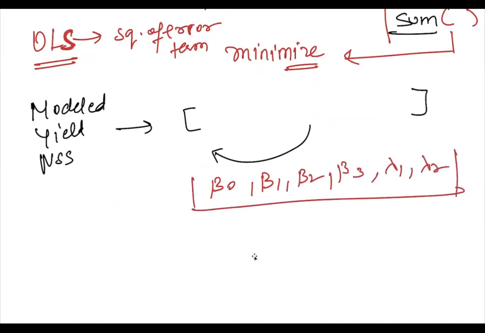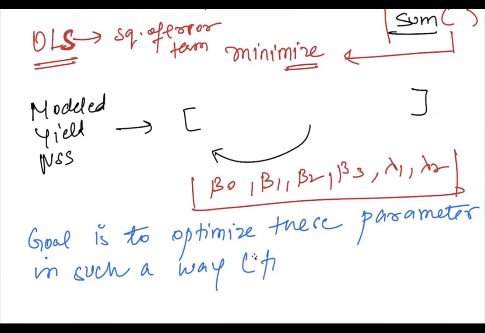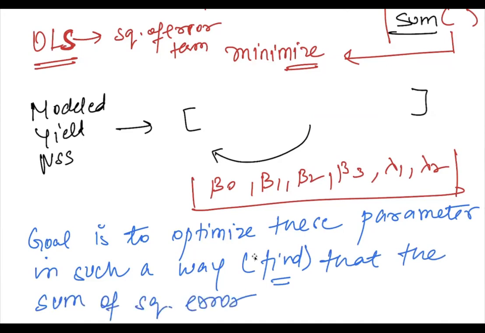So the goal is to optimize these parameters in such a way, when I say optimize, that you find the values of these parameters such that the sum of square error is minimized, and that is the goal of the ordinary least square method.